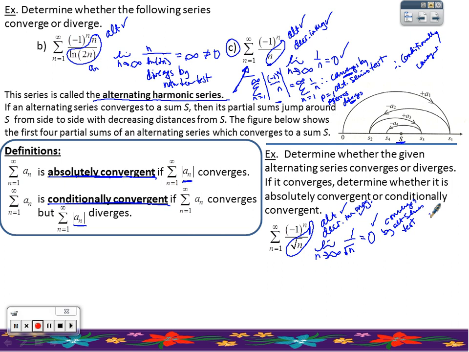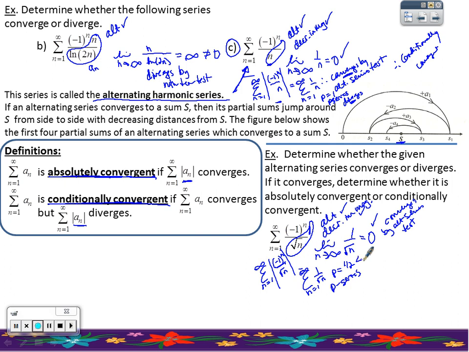Okay, now we have to check the absolute value of that series. All right, so let's do that. So we're going to check the absolute value of this guy. Now I can rewrite him without the alternating part. So n equals 1 to infinity, 1 over square root of n. What kind of series is that? That's a p series. And my p value is what? 1/2. So by the p series, does this converge or diverge?